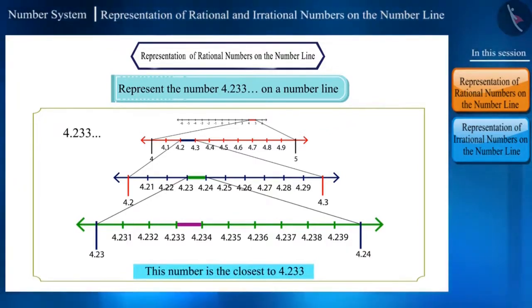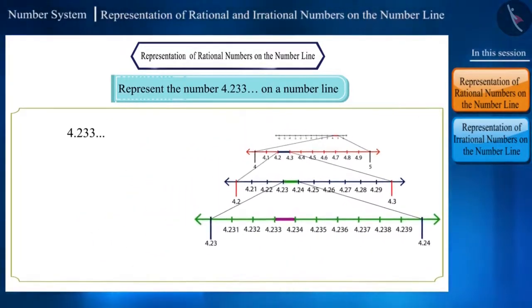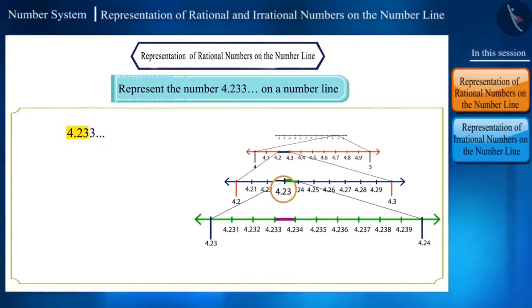Here we can say that, though we cannot accurately locate the given number on the number line, we can still represent its closest value. So, representing any number on the number line depends on how many numbers after the decimal are to be considered while representing them.